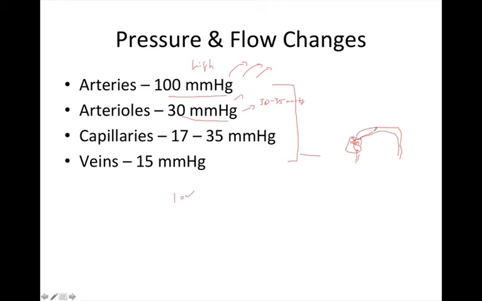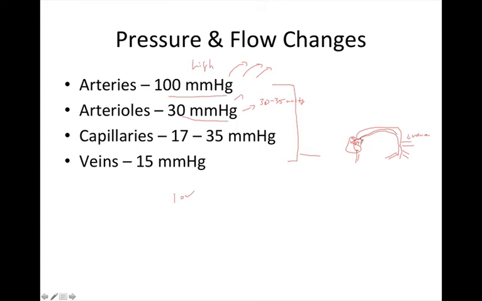And then as blood works its way further down the arterial system, and we have more branches, as we increase the surface area or the cross-sectional area of the system, all these smaller vessels are going to have a lower volume in them.